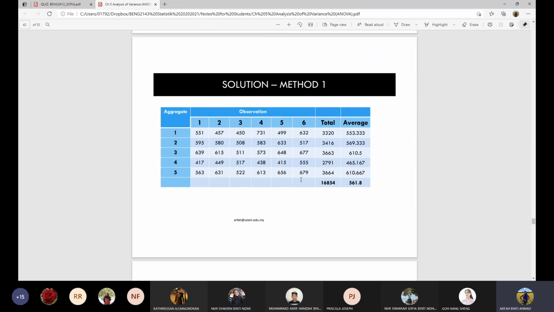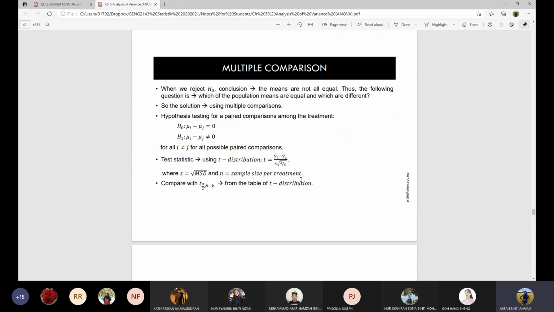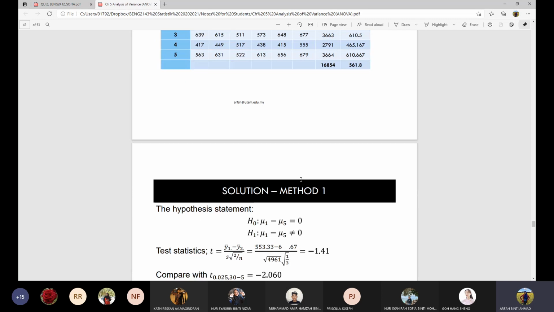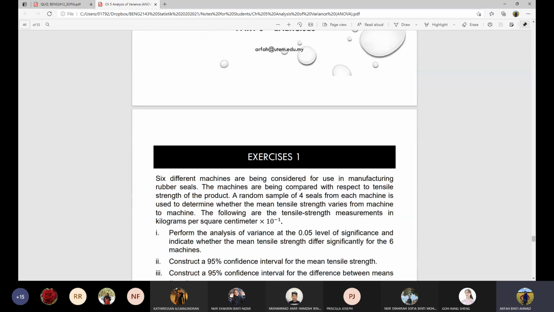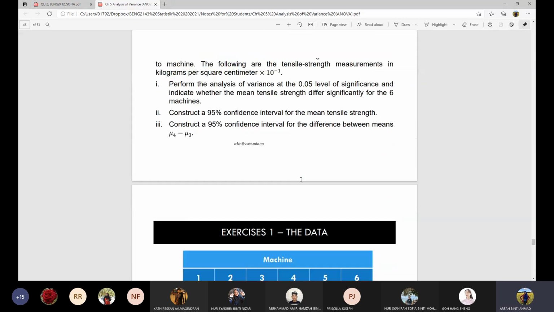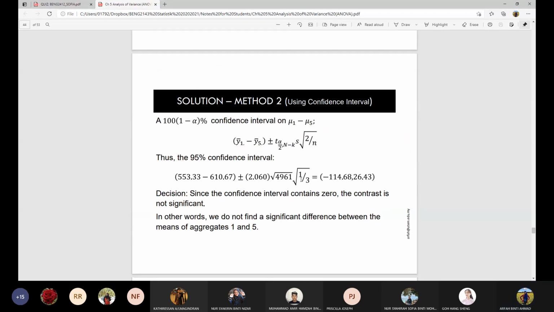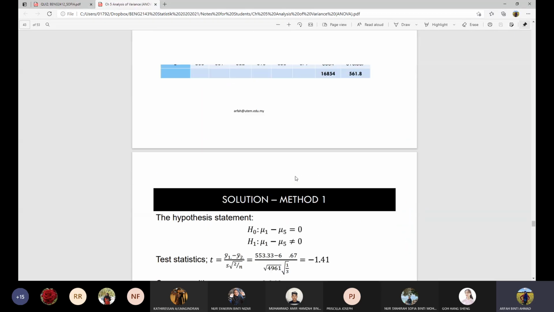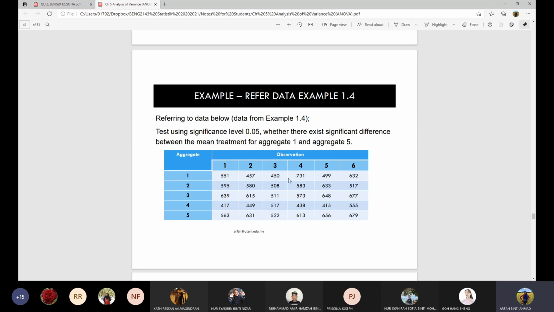So dia ada lagi satu cara. Kalau awak tak nak tengok dia punya rejection region or acceptance region, kita ada this one, by using confidence interval. We have seen example 1.4, soalan dia kata test by using significant level of 0.05 whether there exists significant difference between the treatment for aggregate 1 and aggregate 5, meaning that this is multiple comparison.